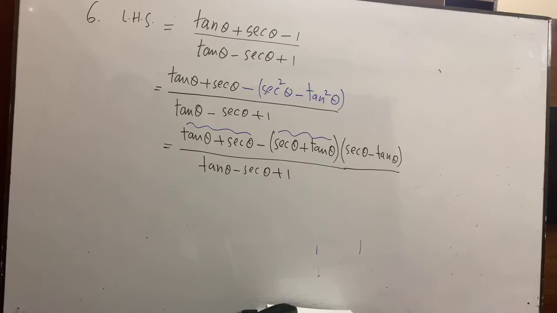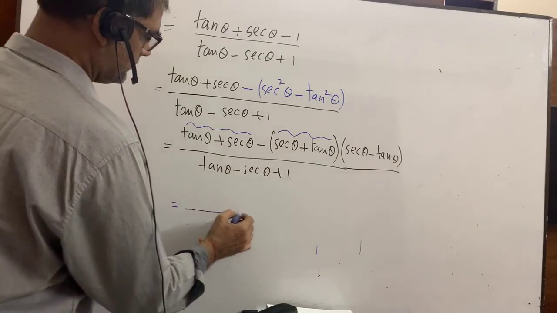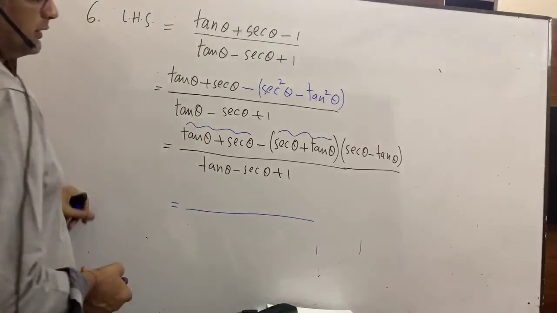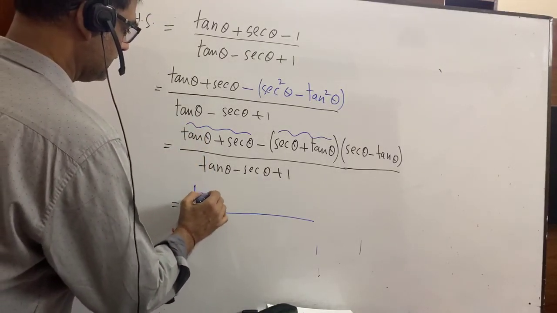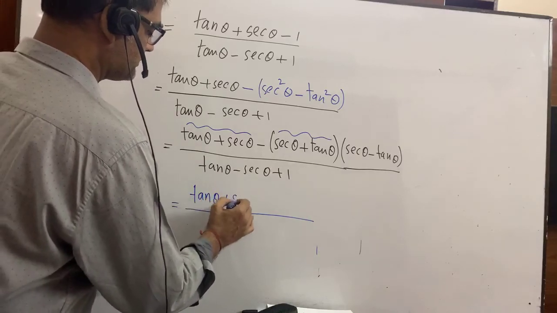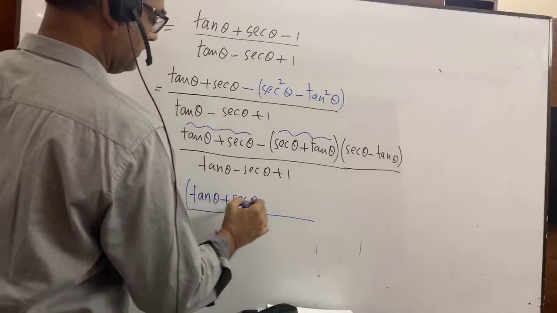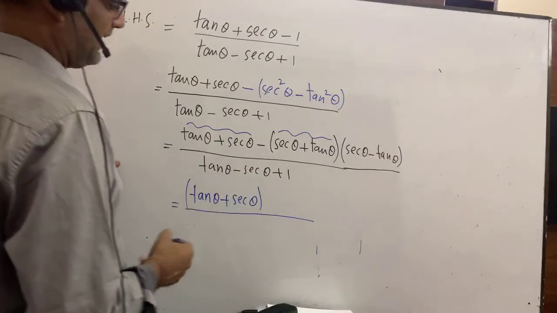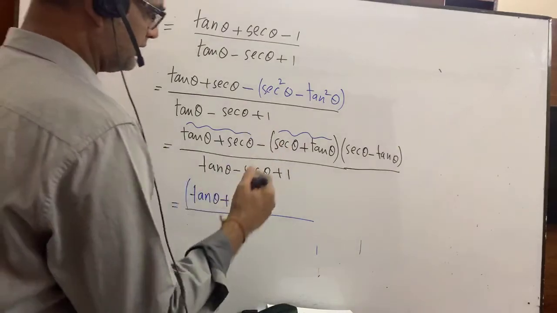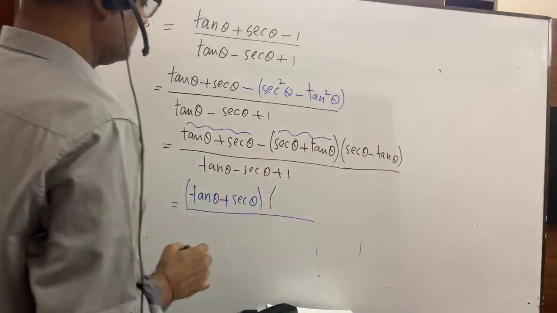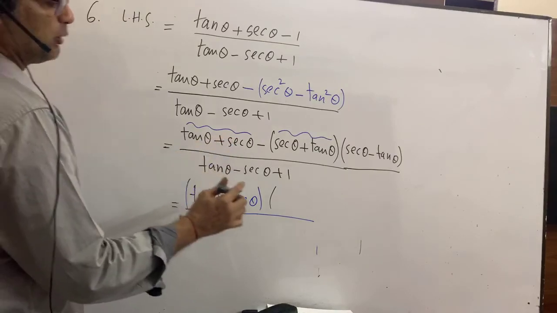So I can take common tan theta plus sec theta from the numerator. Write down tan theta plus sec theta. Okay, it has been taken common, and we are left with the most important part. If this is taken common, then what is left? Only 1 is left.